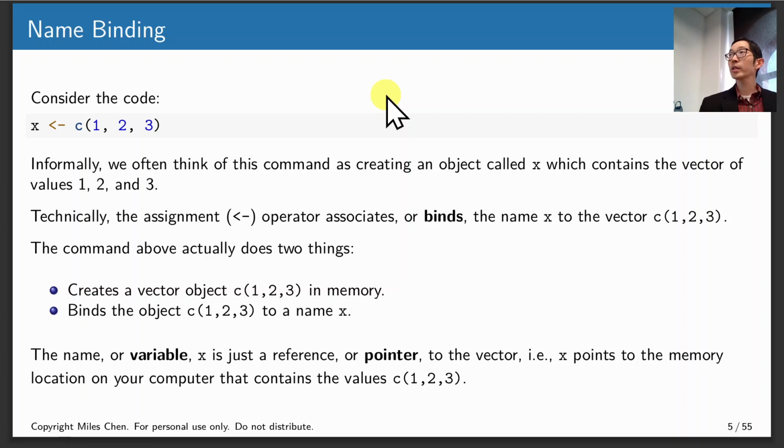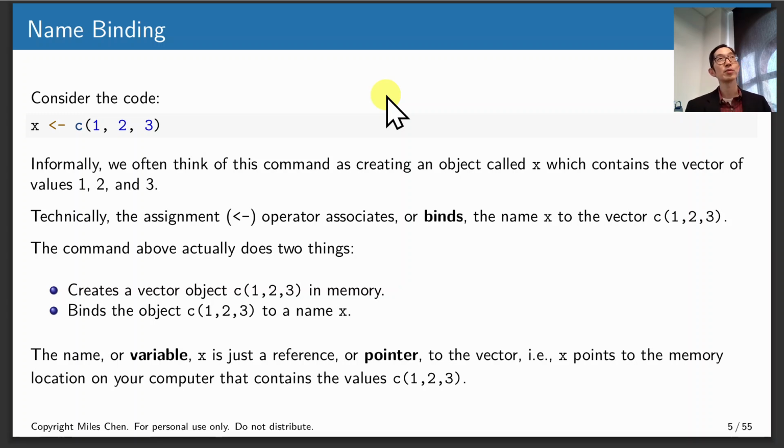Now, technically, what's happening is that this assignment operator, that is the arrow, but also the equal sign, associates or binds the name x to the vector 1, 2, 3. There's actually two things that go on. We create a vector object in memory with the values 1, 2, 3, and then we bind that object we just created to the name x.